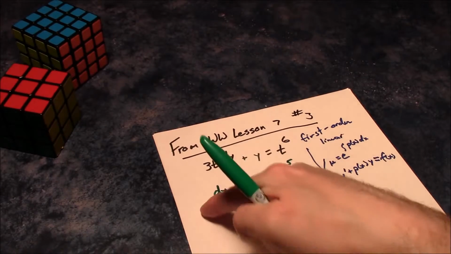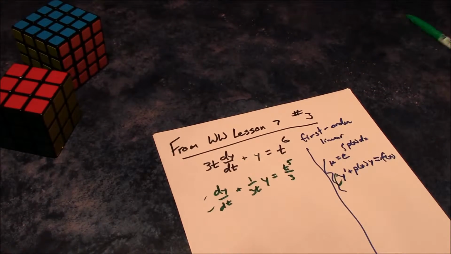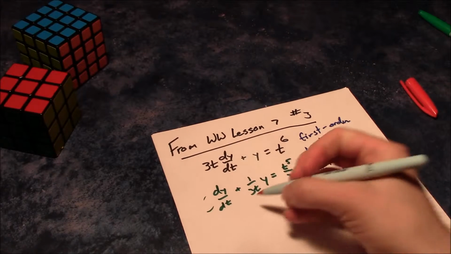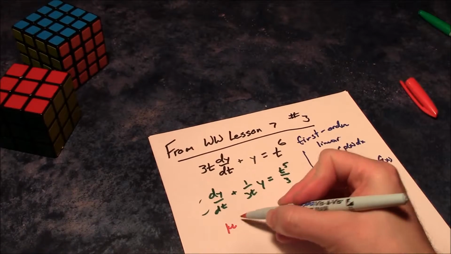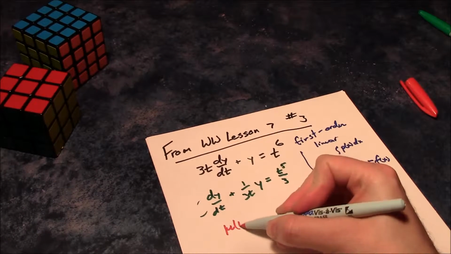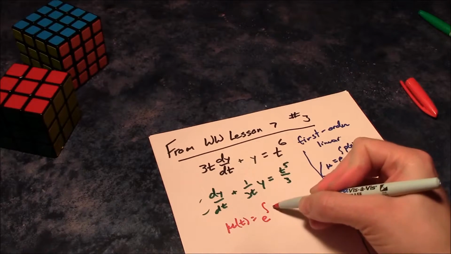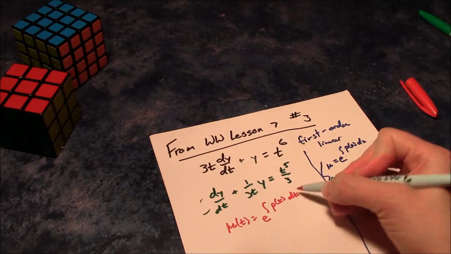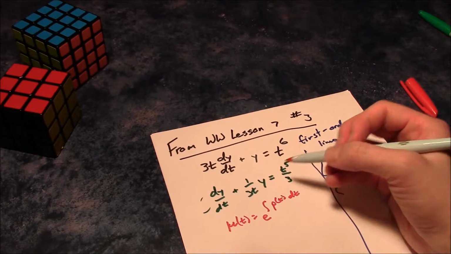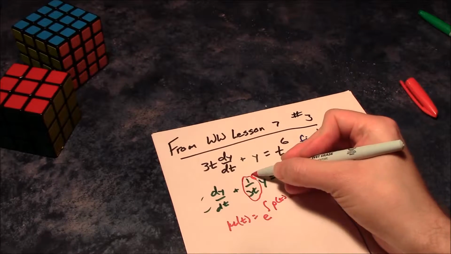Okay, so now that your coefficient of the y prime is a 1, the integrating factor is mu, a function of t in this case, e to the integral of p of t dt, where the coefficient of your y term, right here, that's your p of t.